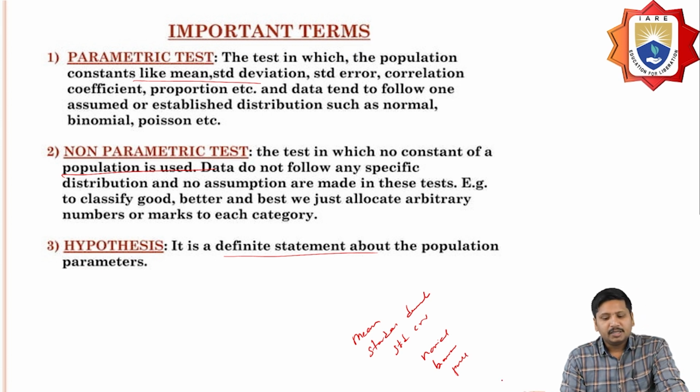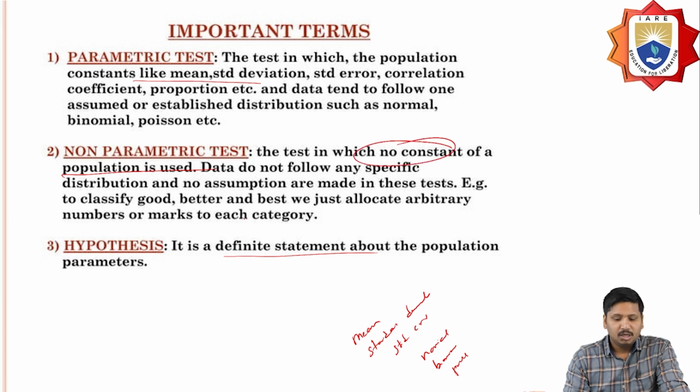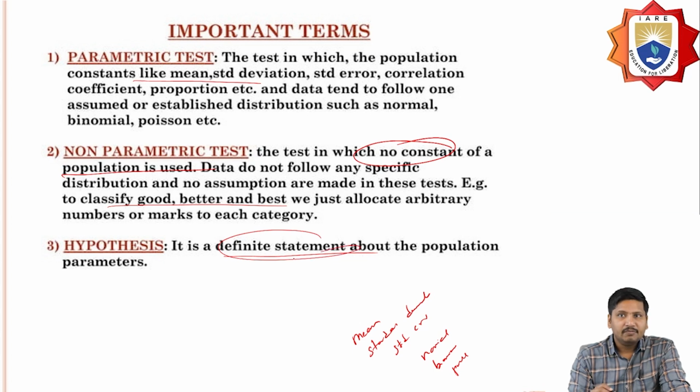A non-parametric test means no constant of the population is used, and data do not follow any specific distribution or any assumptions. For example, to classify good, better, best, we just allocate arbitrary numbers or marks to each category. And hypothesis: what should the hypothesis be here? A hypothesis is nothing but a definite statement about the population parameter.